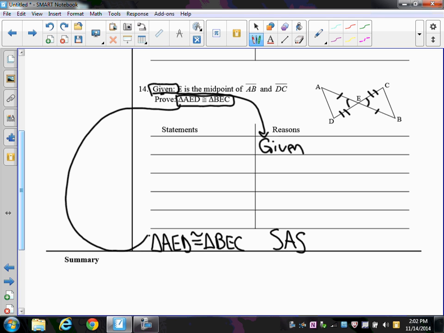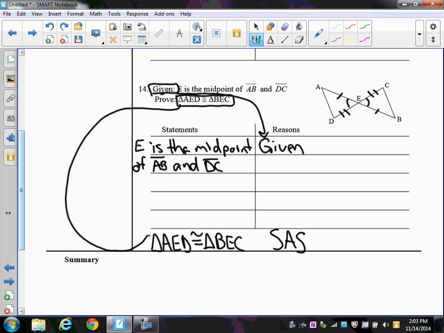So let's fill in the information. E is the midpoint of segment AB and segment DC. So that's my given information.